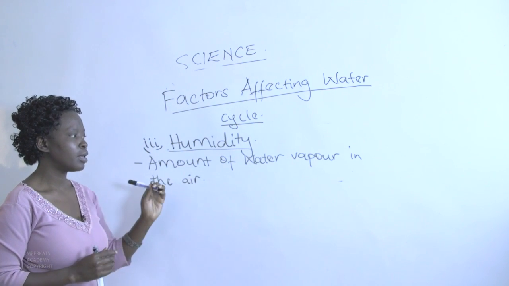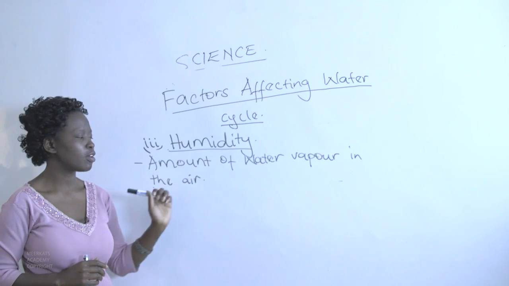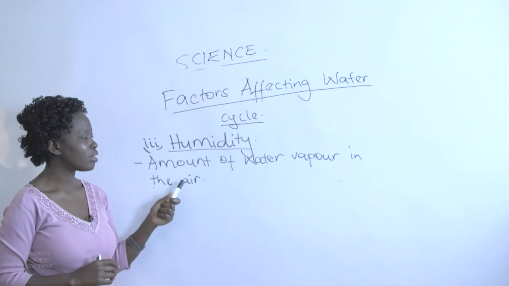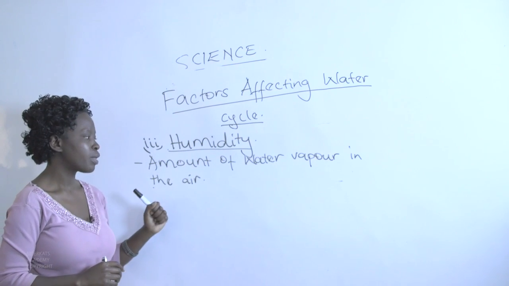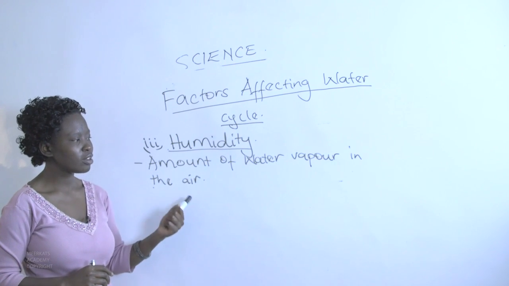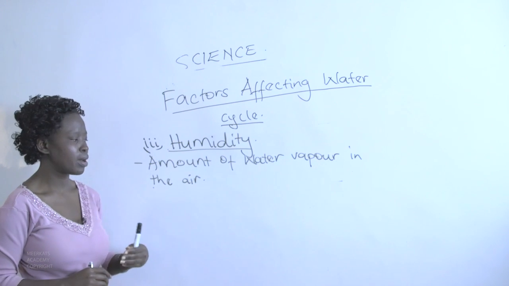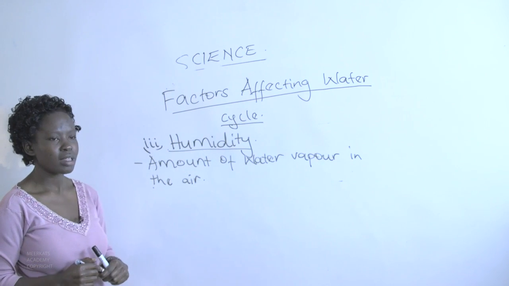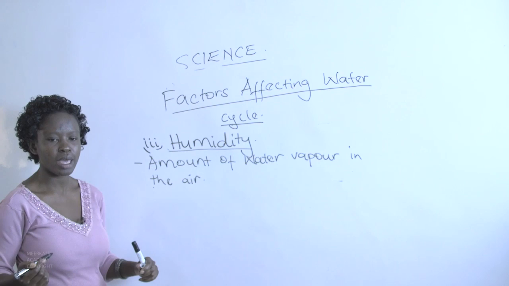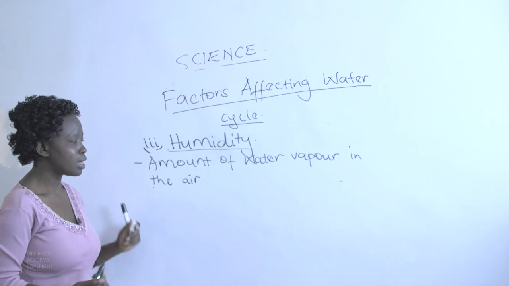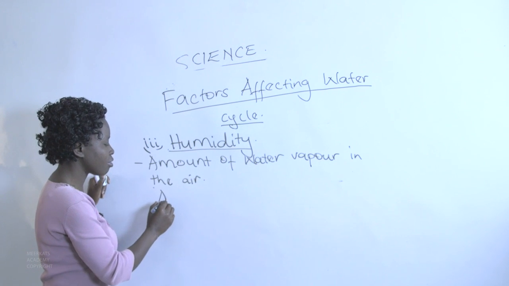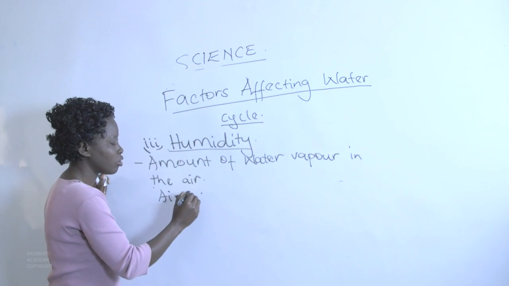Humidity is simply the amount of water vapor in the air. If the air has excess water vapor, then we are saying that the air has reached a point where it cannot hold the water vapor anymore. It means that the air has reached the saturation point.